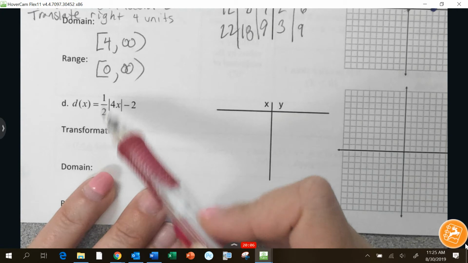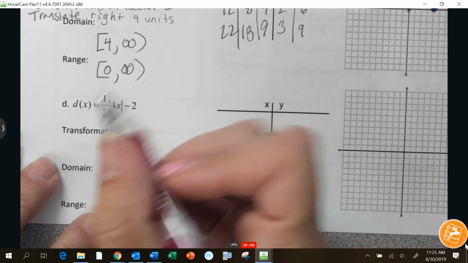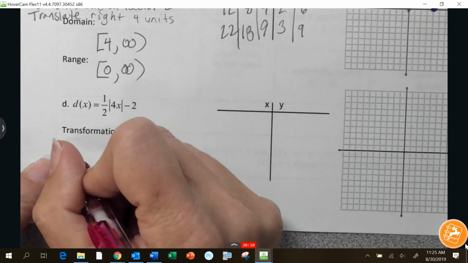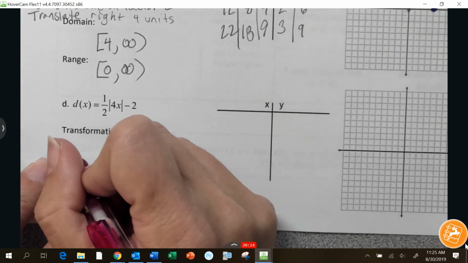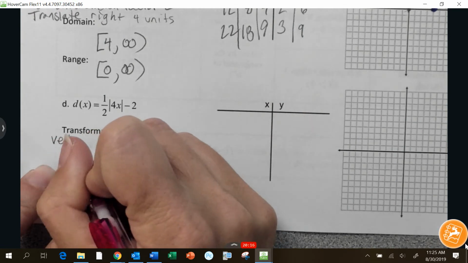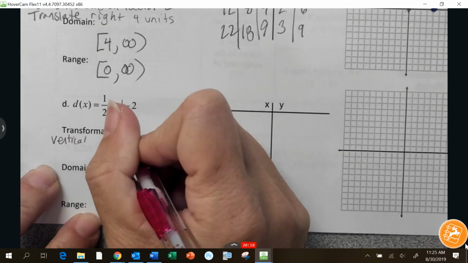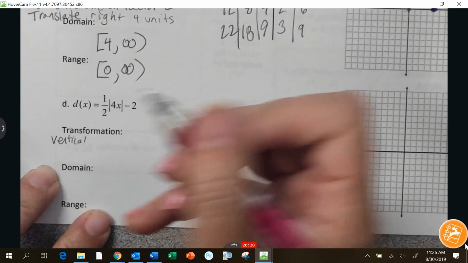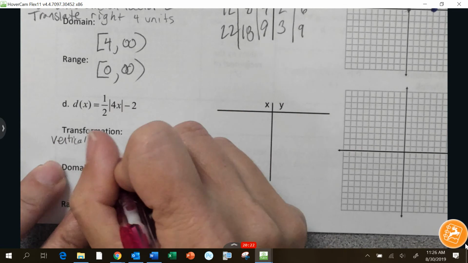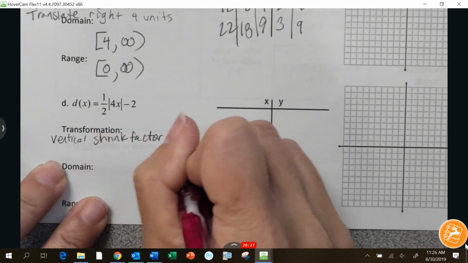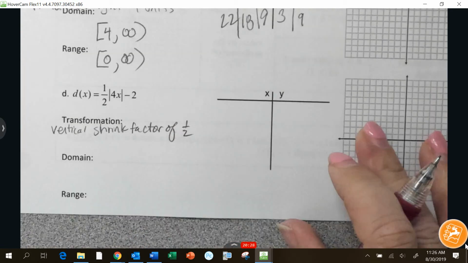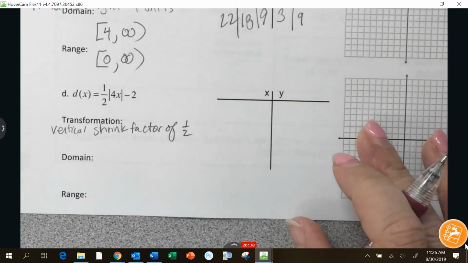What would the 1/2 do? Inside or outside? Outside. So vertical. And vertical is like the number that you'd expect to be. So if I'm doing half of something, it is smaller, shrink. Back to what's the 4?